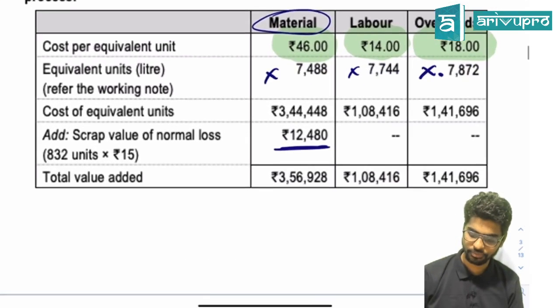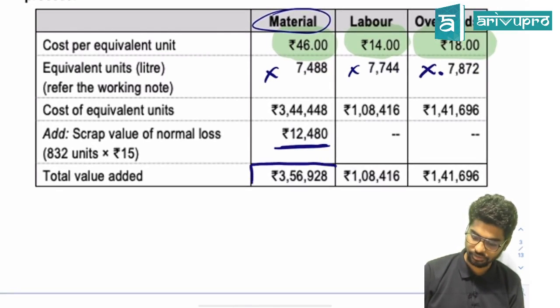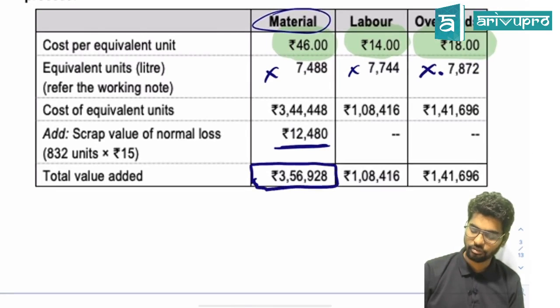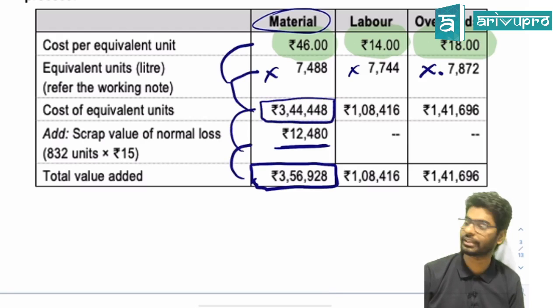Correct, Suresh? See here, this is my total cost. From the total cost, I reduce this, I'll be getting 344. This gets divided by the number of units, then I get the cost per unit.